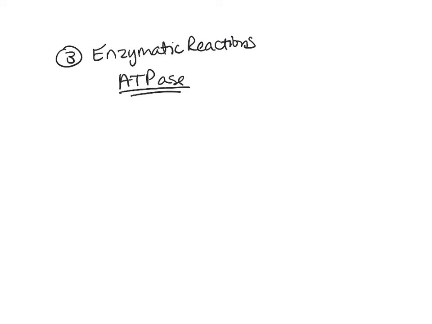And the third thing that I want to mention about these minerals is that they're necessary for enzymatic reactions. So, for example, ATPase. ATPase was that enzyme in the electron transport system that is the gate that hydrogen moves through and activates the phosphorylation of ADP plus phosphate into ATP. And for this enzymatic reaction, we need both calcium and magnesium.